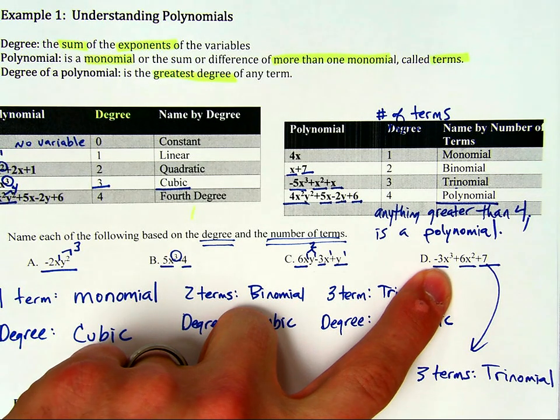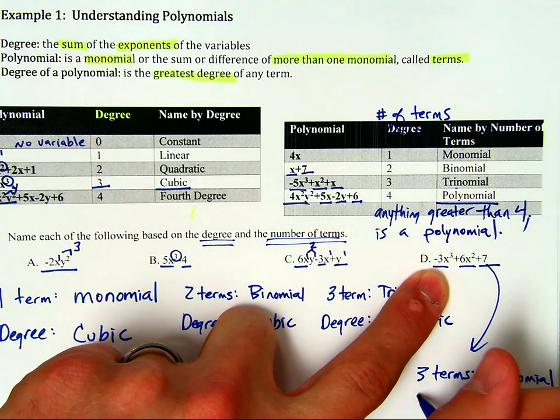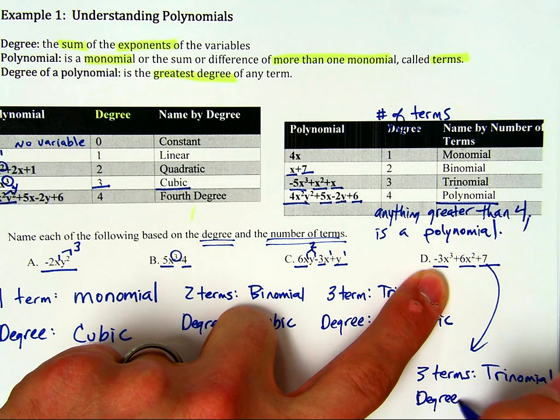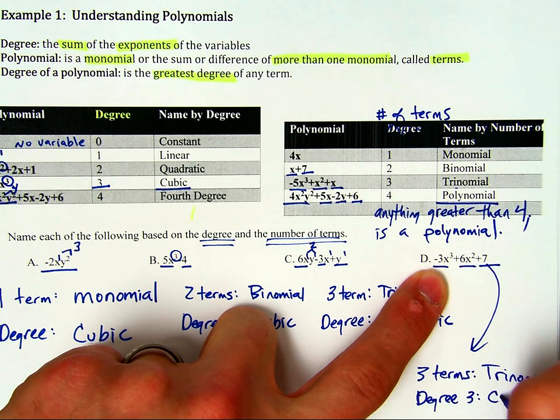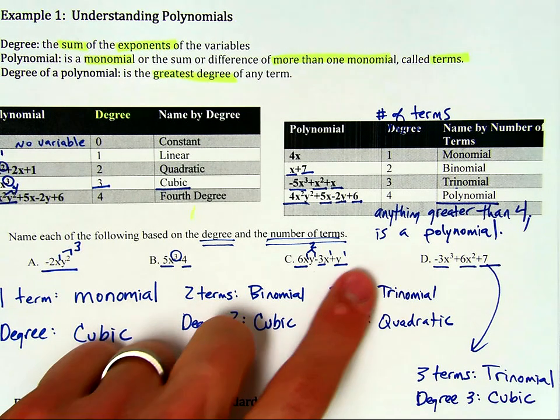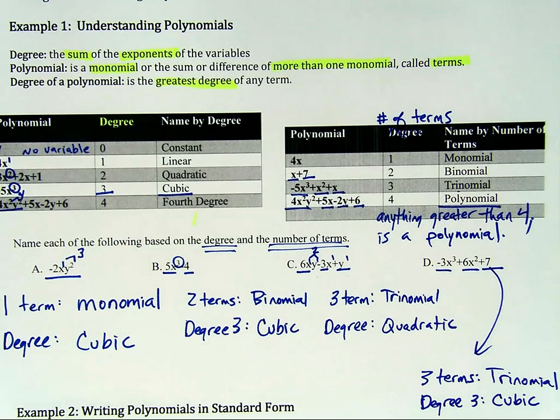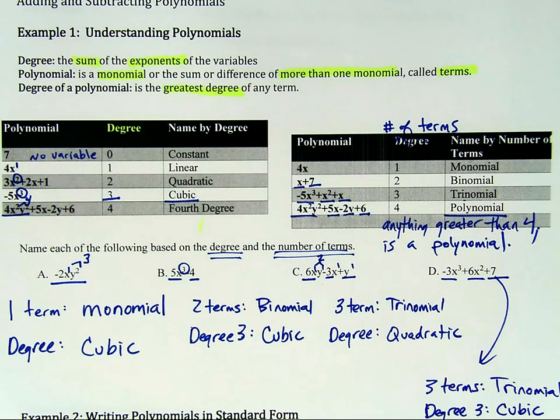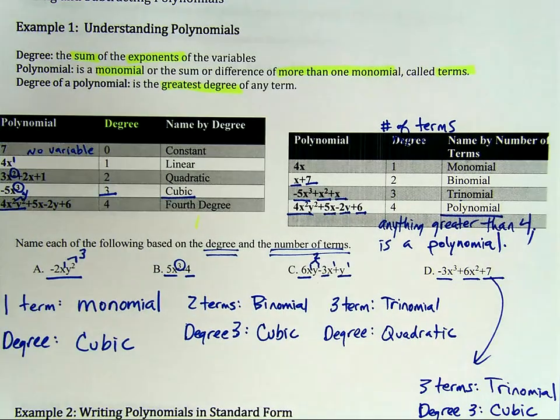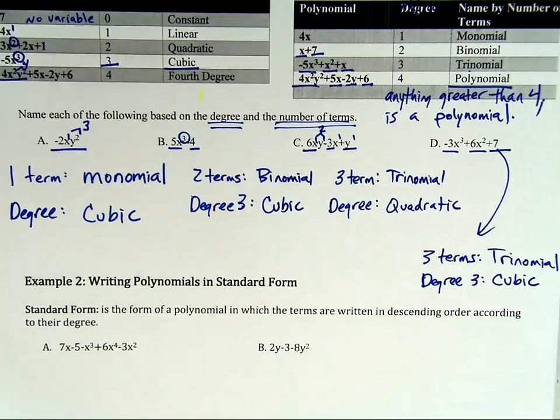And the highest degree, we have 3, 2, and 0. So it is degree 3. So we call it a cubic. So that's just the basics on how we name polynomials. That's just naming. So you'll see a couple questions on your assignment after this on naming as well.